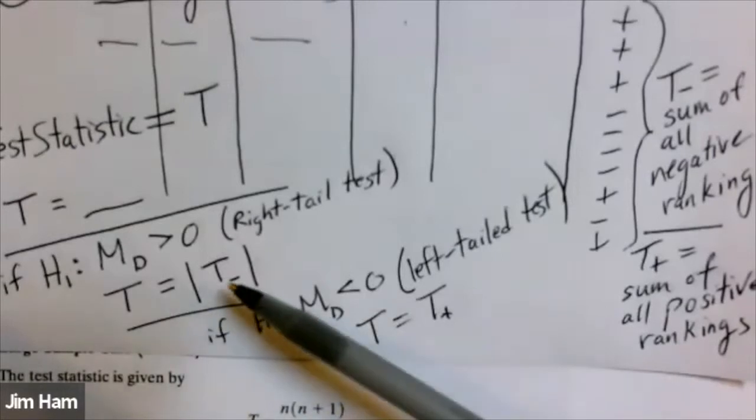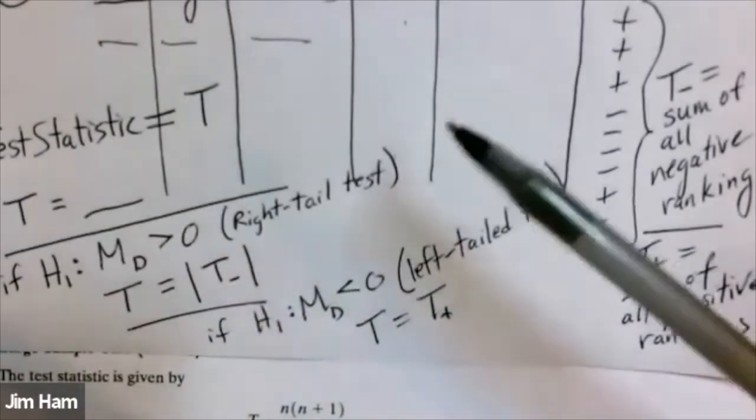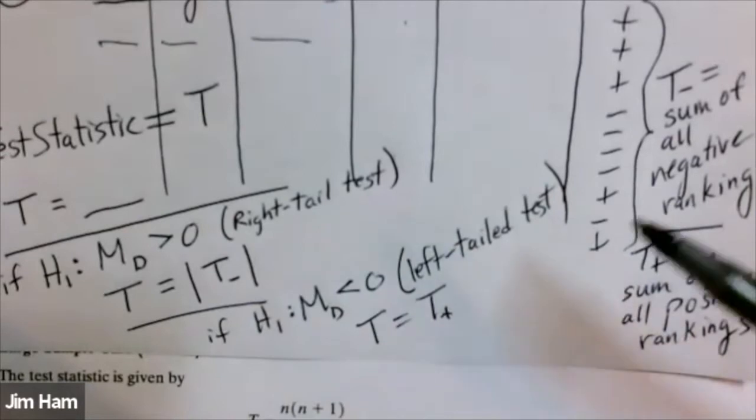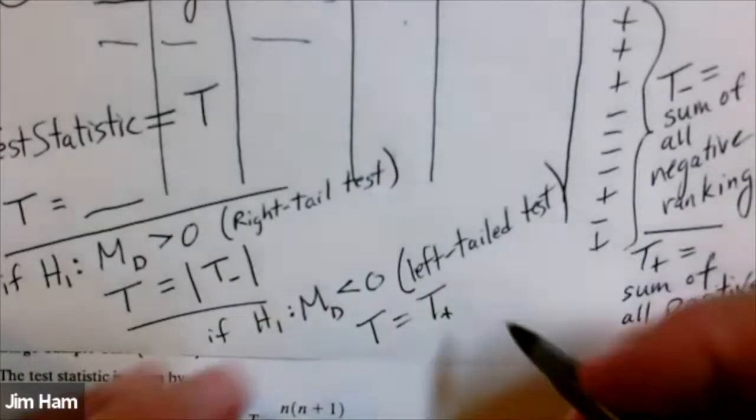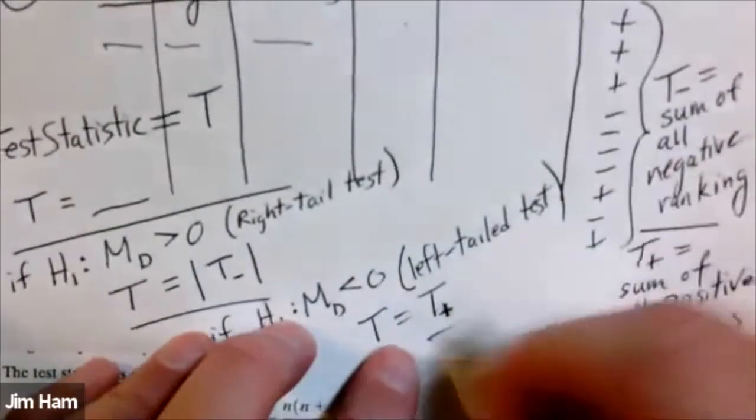We wouldn't want to select a test value that's always negative and compare it to a critical value that's always positive, because the test statistic would always be less than the positive critical value. All right, so that's a plus.